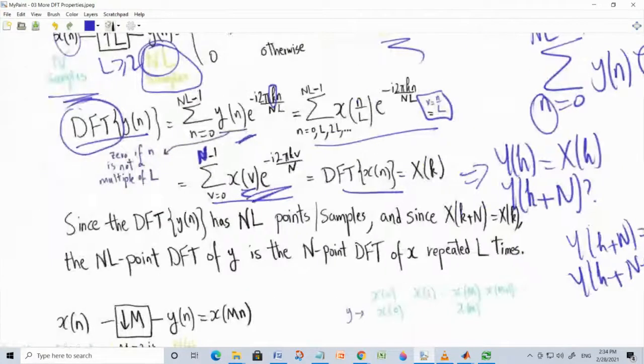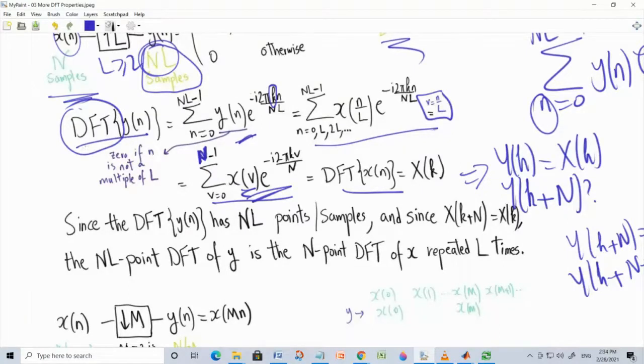So basically, when I say that Y[k] is equal to X[k], and you say, oh, we want a DFT of Y that is composed of NL samples, not a problem, because your index k you can move any way you wish from 0 to NL minus 1.